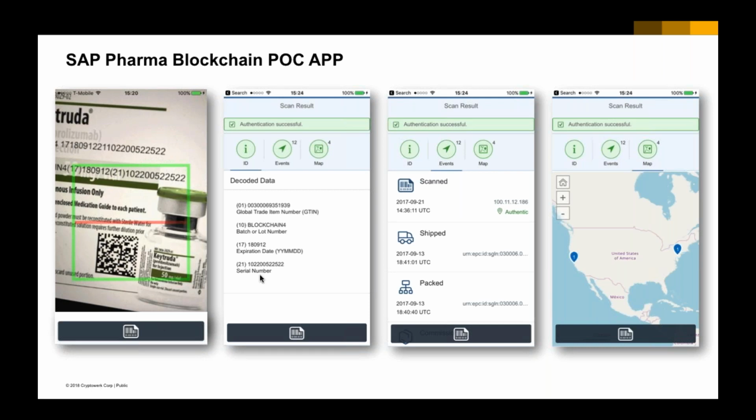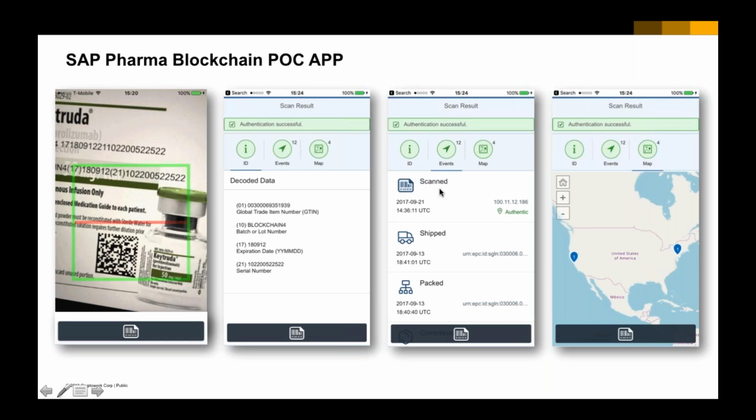But in this case, it didn't go back asking the SAP Advanced Track and Trace system whether this item was a counterfeit or not. It looked right into the blockchains. And so you see the results here, split-second results. And again, it's not just saying, yes, it's okay, it's green, it's not a counterfeit, but each of the events was hashed and put into the blockchain, so you could trust the packed, shipped, scanned.